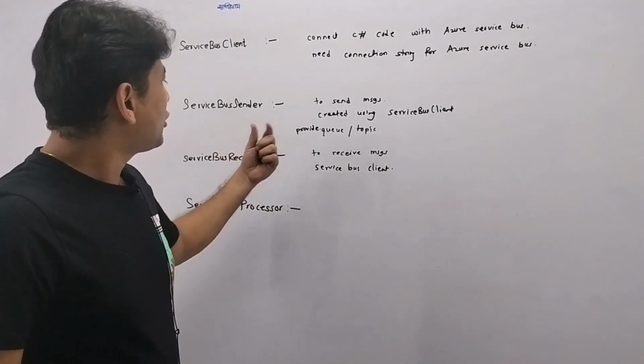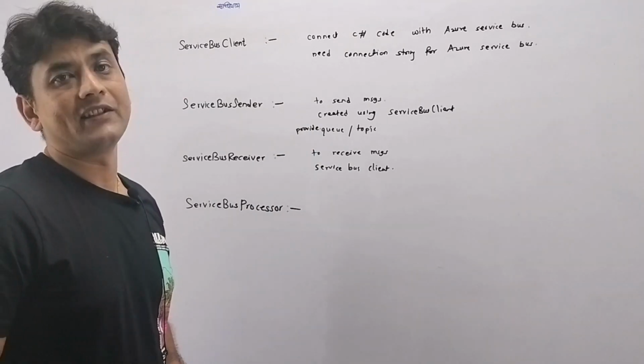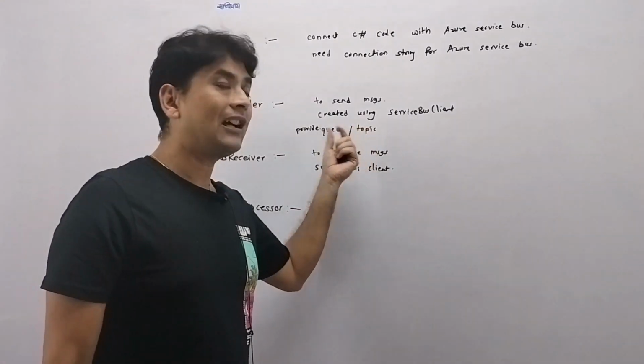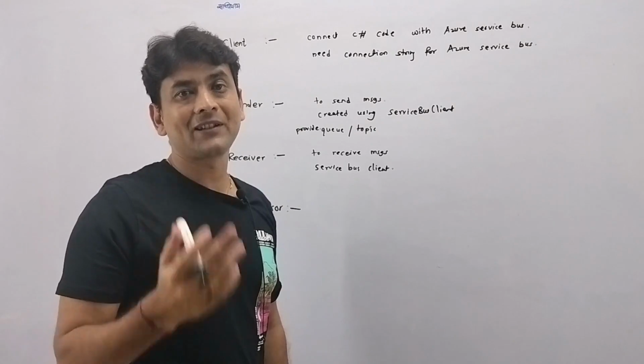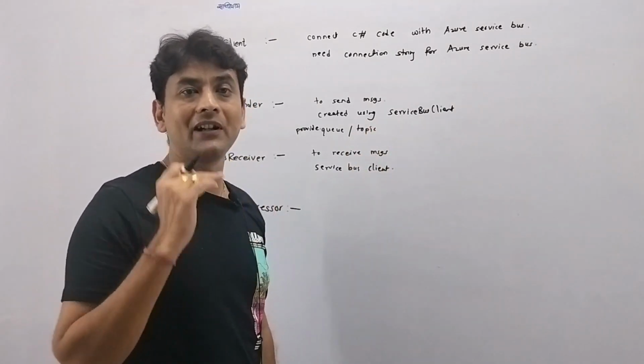And again, we need to provide the queue name from which we will be receiving the messages. But here, when we create a receiver for a topic, instead of providing only the topic, we will provide the subscription, that is the subscription from that topic from which we will be reading the message.